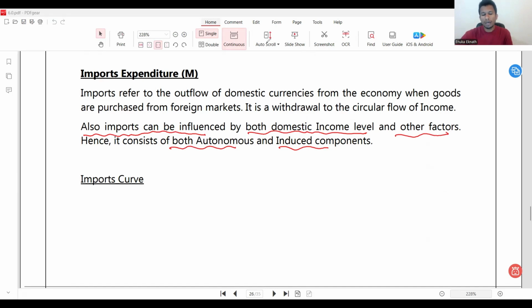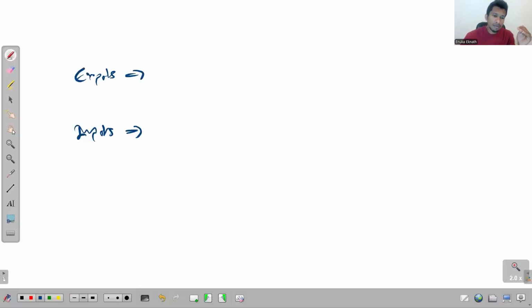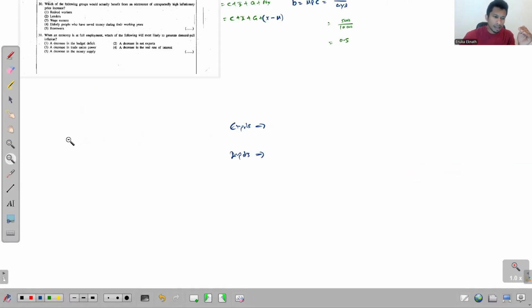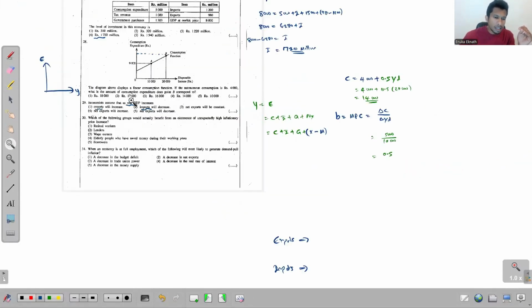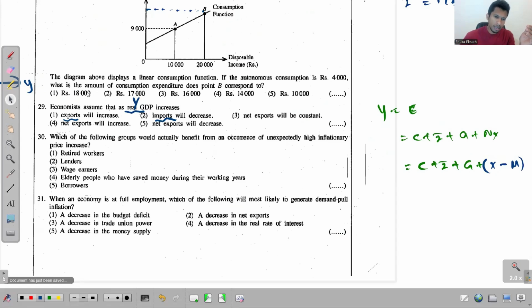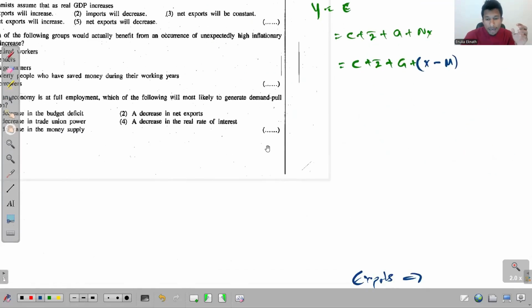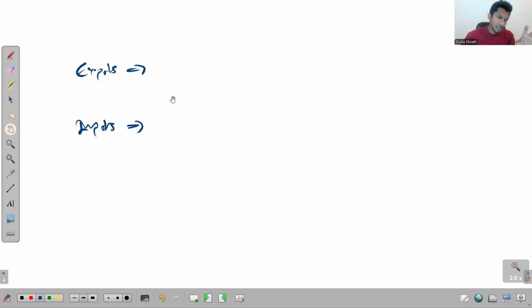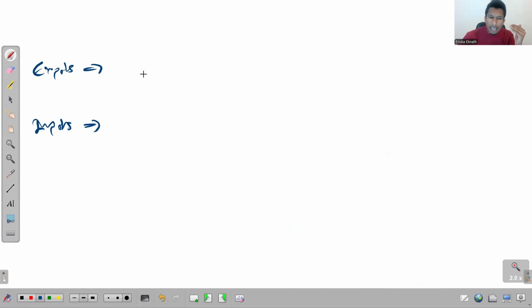Okay, so let's go back to our question. In our question, they have mentioned that the level of income, if not the real GDP, increases. And as we checked, when the income Y increases, nothing happens to exports.